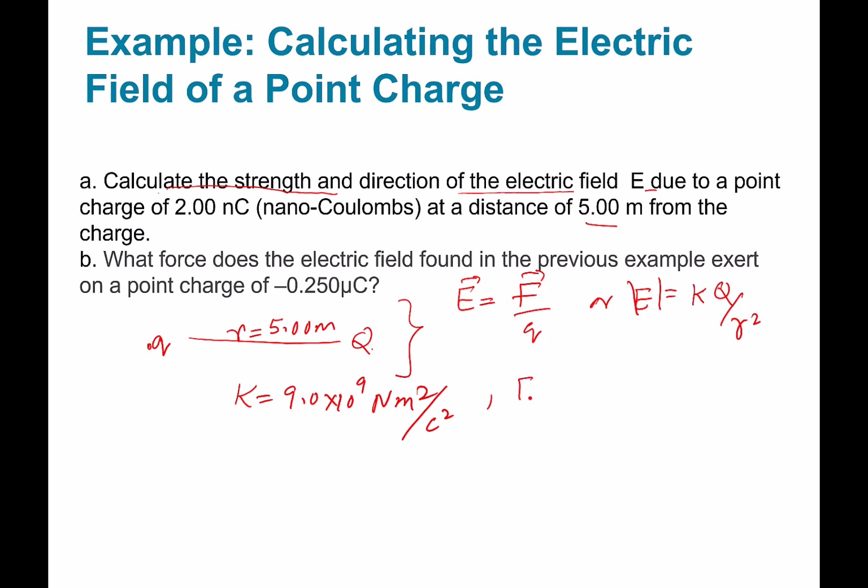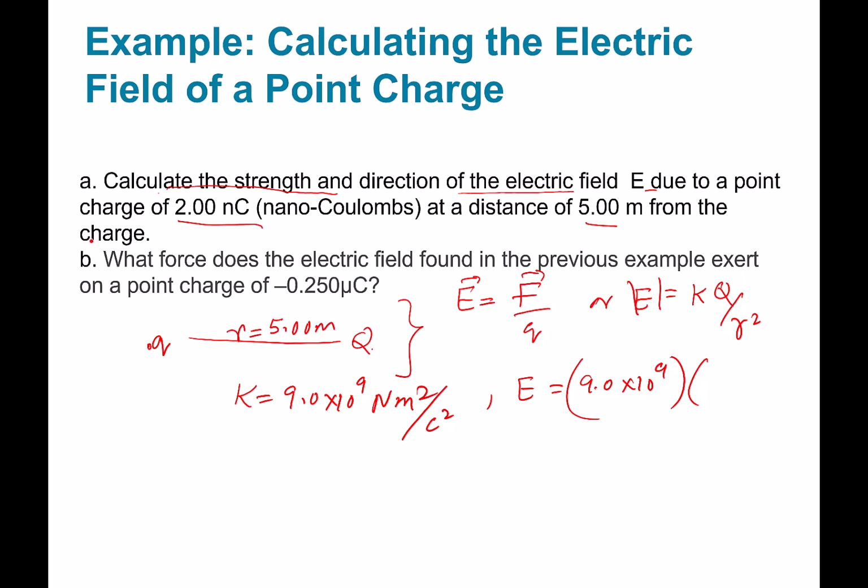So your E will come out to be 9.0 times 10 to the power of 9, and Q is given as a 2 nanocoulomb charge, due to a point charge at a distance of 5 meters from the charge.